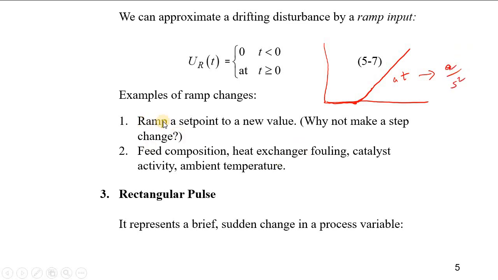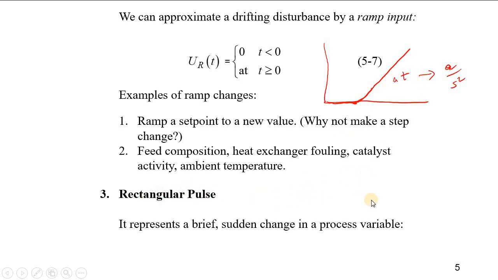So a ramp goes to a new value wherever you're going to stop. Examples: fuel composition could have some kind of a ramp input, but clearer examples are heat exchanger fouling, catalyst activity, which takes some time, and ambient temperature, which also takes some time. So it depends on the cases where we could have a ramp input.